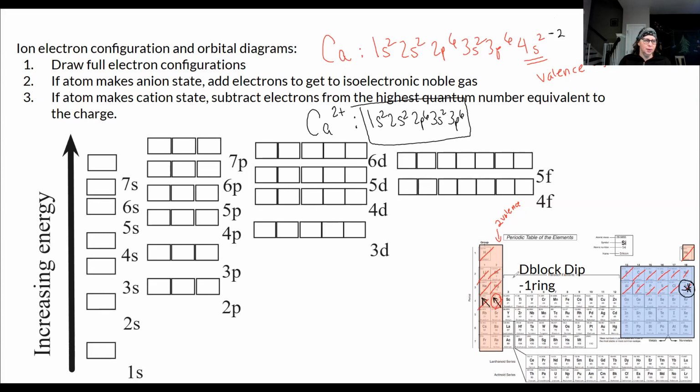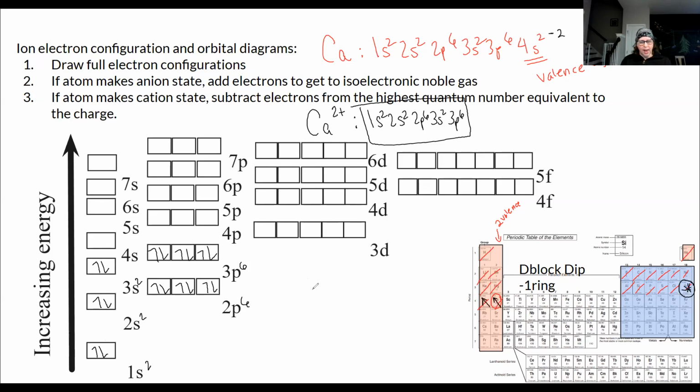Okay, and so when I have to do an orbital diagram of the ion, 1s2, 2s2, 2p6, 3s2, 3p6. 2 electrons, 1 up, 1 down, that's Pauli. 2p6, up, up, up, down, down, down. 3p6, up, up, up, down, down, down.